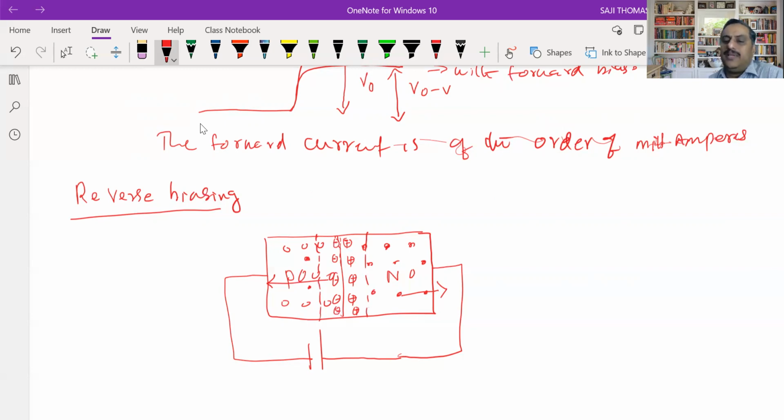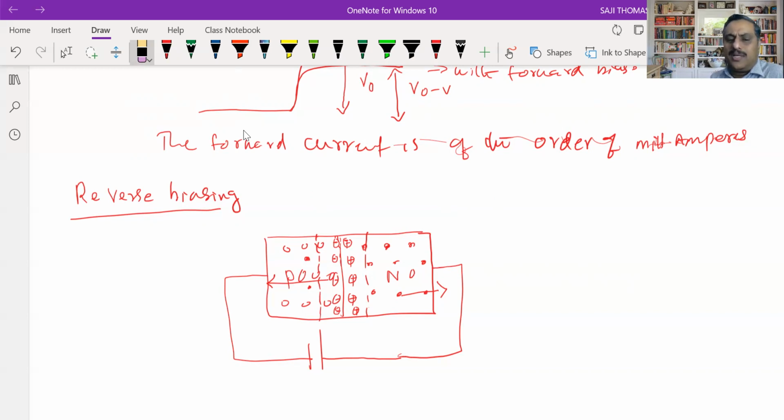Similarly, holes of the N section, minority carriers, will be attracted by the negative terminal here. So due to the movement of these minority carriers, there is a small current. That current is known as reverse current. That is negligible. Practically, the diode will not conduct, but there is a very feeble current due to minority carriers, known as reverse current. It is of the order of microamperes.